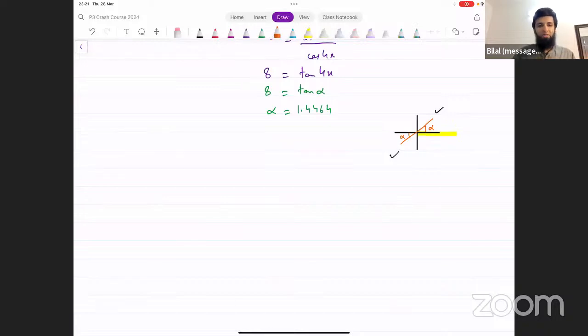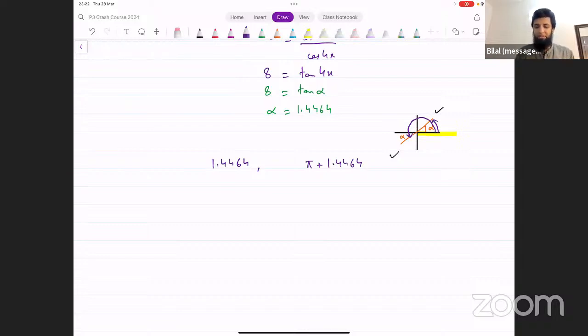So first two positive values, that's all that we want. This is the first positive value. What's that going to be? 1.4464. And the second positive value is going to be this one. What's that? That's going to be pi plus 1.4464. And that's going to give us the x coordinates of the first two stationary points.